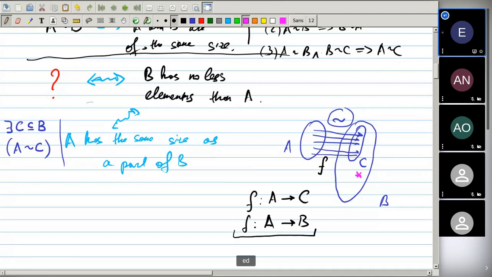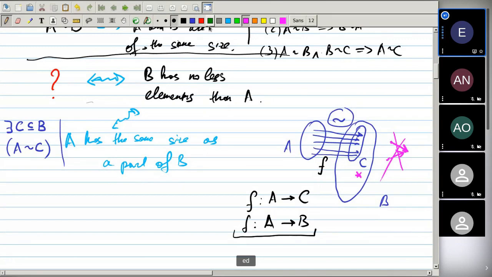Of course, as a function from A to C, it has no arrows with distinct beginnings but the same ending point. This situation is not possible.